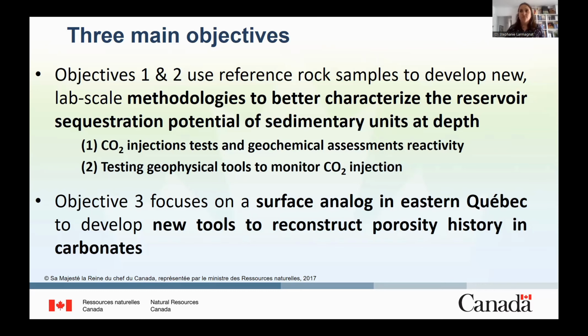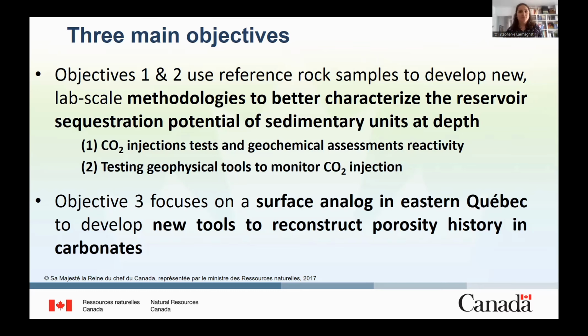So the objective 1 is doing the CO2 injection test in a reactor, and in this objective, we look at reactivity specifically. And the second objective is testing the same type of CO2 injection scenario, but in another setup, and testing the application of geophysical tools to monitor how it's going on in the rock while we inject.